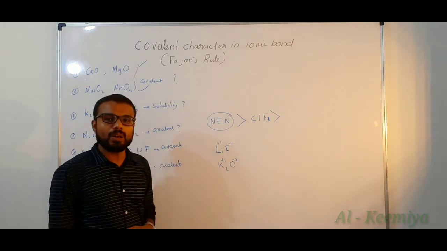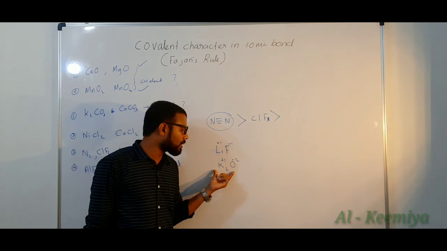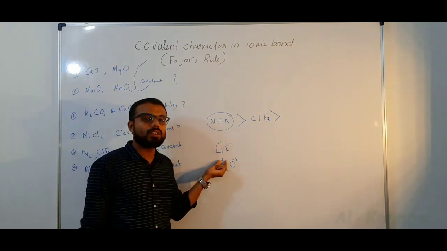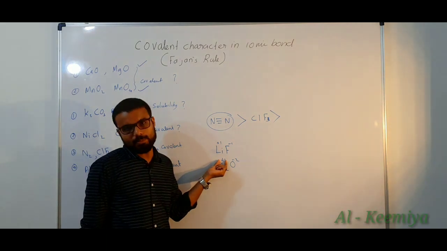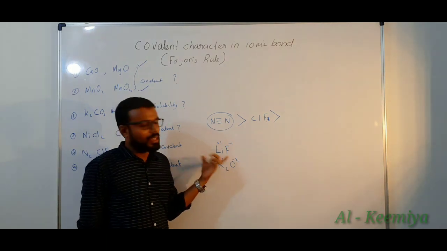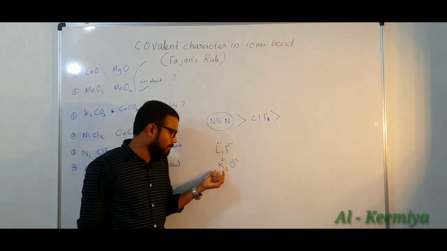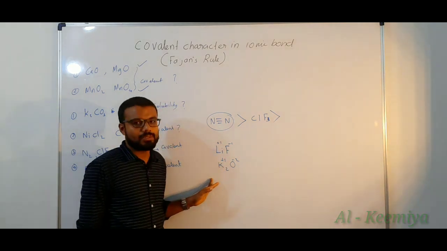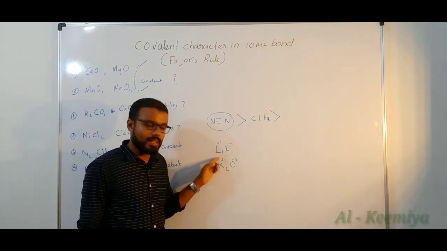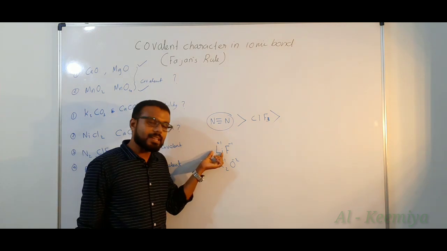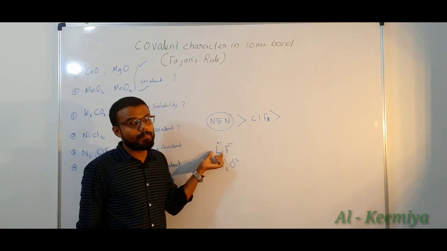Next, now in case of LiF and K2O, we know that Li is plus 1, K is what? Plus 1. Both are what? Plus 1. It's okay. Now, if charge of cation is same, then we have to check what? Size. Li has what? Smaller size as compared to what? Potassium. Okay. So, smaller the size, higher will be the polarizing power.